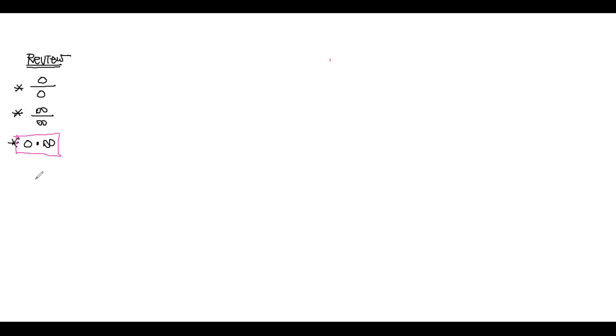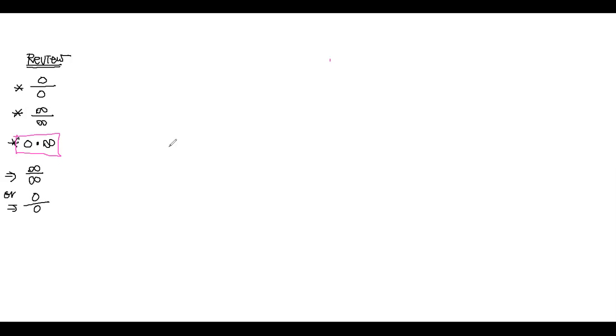The trick here, if you have a form of 0 times infinity, is that you switch it. How do you switch it? You manipulate your form so that it becomes 0 over 0 or infinity over infinity.